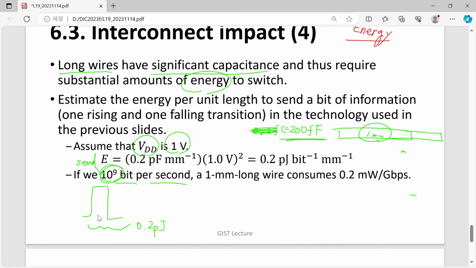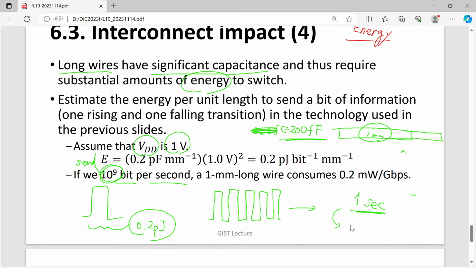Then what happens? This single operation spends 0.2 picojoule. However, in order to send our signal, we introduce many of these switching events. Per 1 second, we must repeat this job 1 billion times. So simply speaking, we must multiply this number by 10 to the 9.